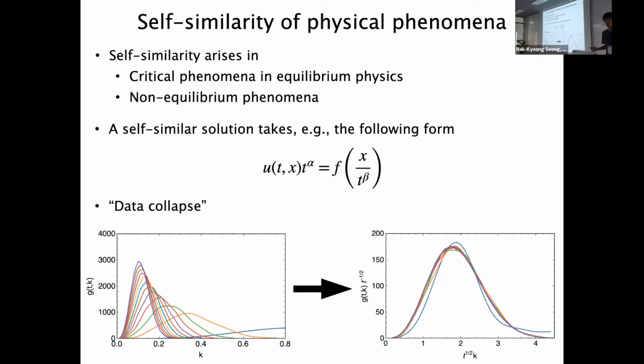One way to nicely visualize the self-similar feature is the so-called data collapse. We have a number of solutions here, but once we choose the right combination of variables for the axes, all the lines converge to a single line. This phenomenon is called data collapse.